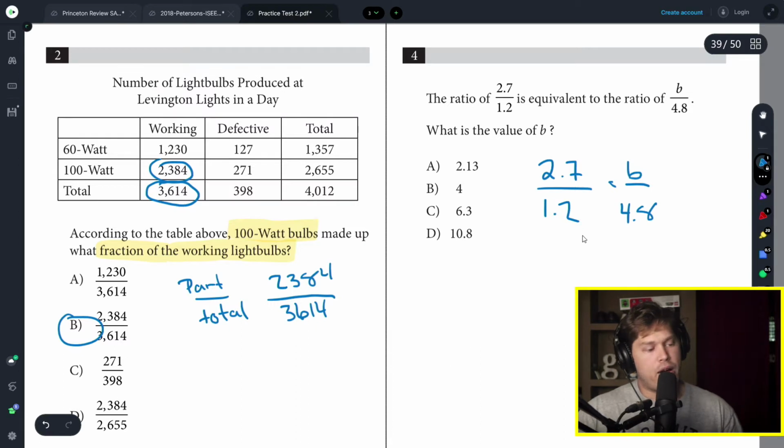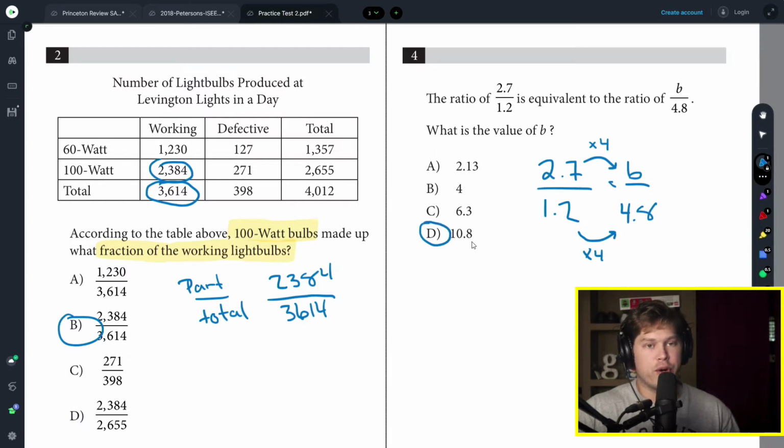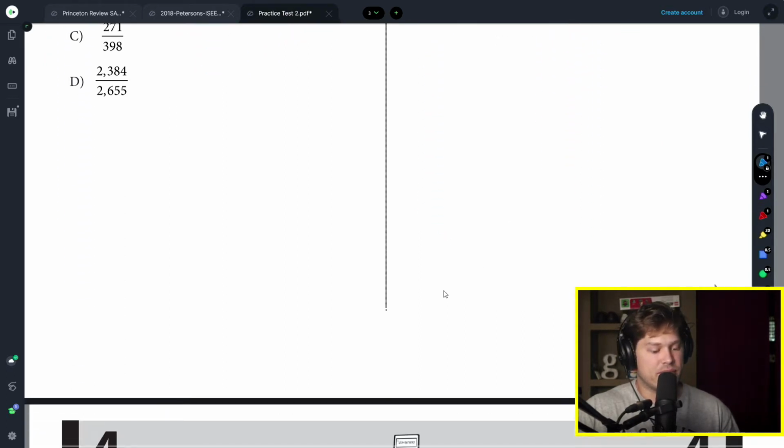So notice how 1.2 times 4 equals 4.8. So that means, instead of cross multiplying and solving, we can just multiply 2.7 by 4, and 2.7 times 4 is 10.8. Alright, so number 4 is choice D.